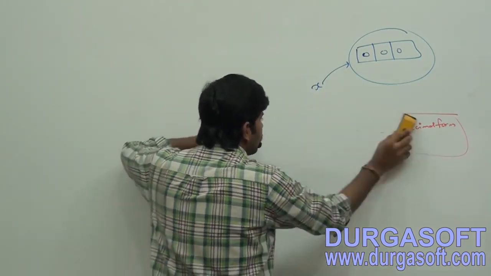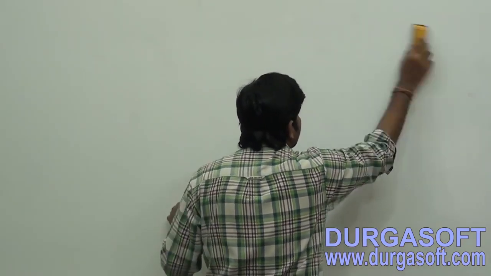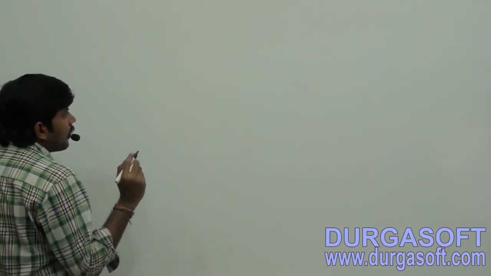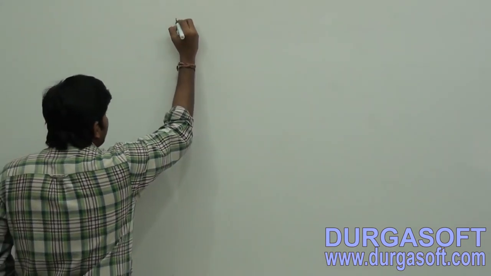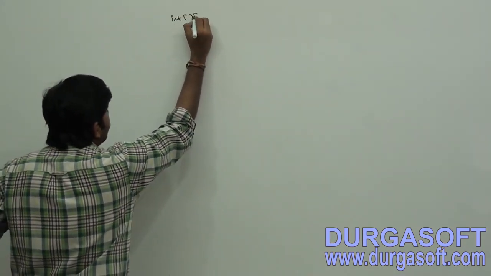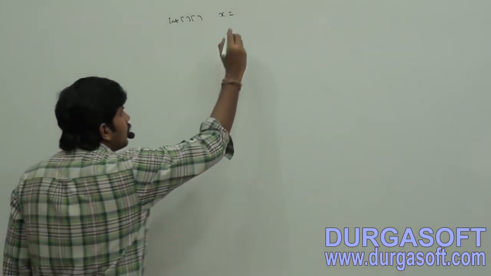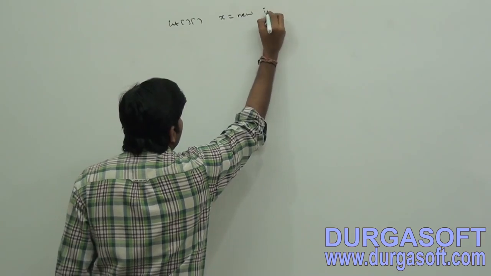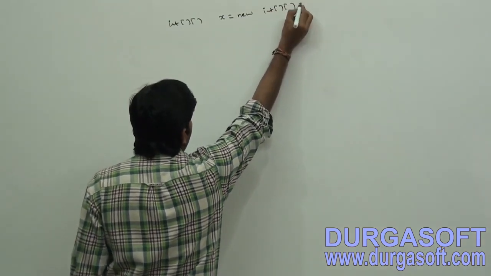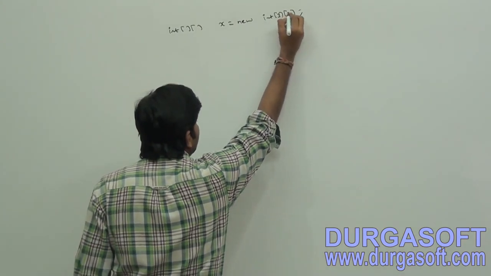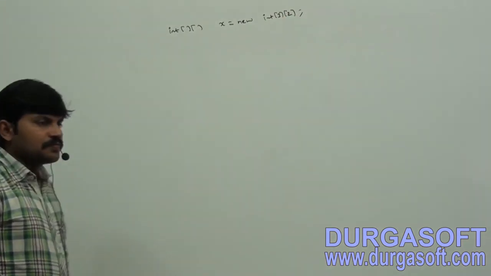Okay, make sure you people have a clear idea, right? Now the next terminology. Here, listen, I'm taking another example. int 2-dimensional array x is equal to new 2-dimensional array, with base size 3 and next level size 2.